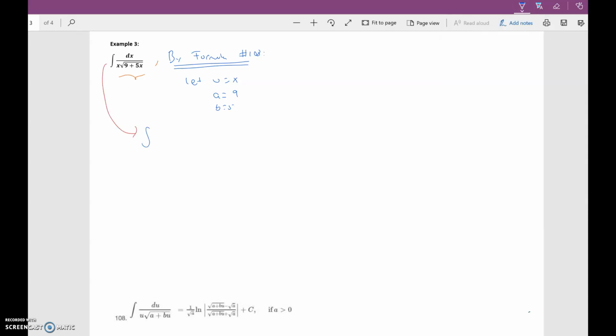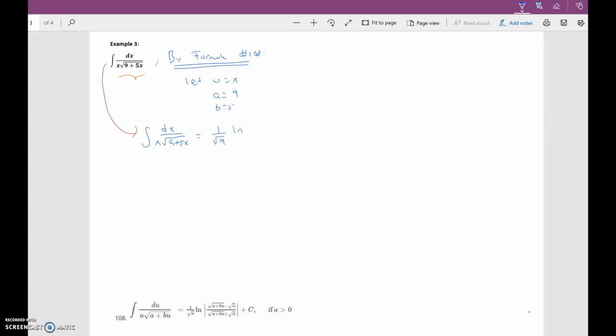So this is the integral of dx over x square root of 9 plus 5x, which is equivalent to 1 over the square root of a, so 1 over the square root of 9.